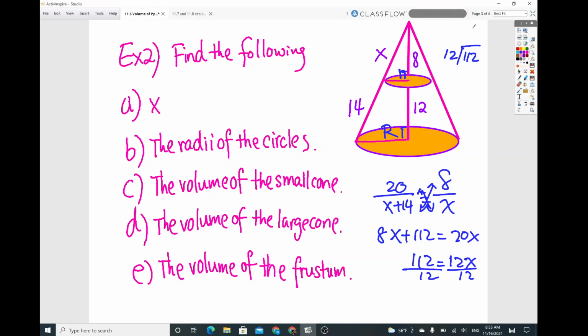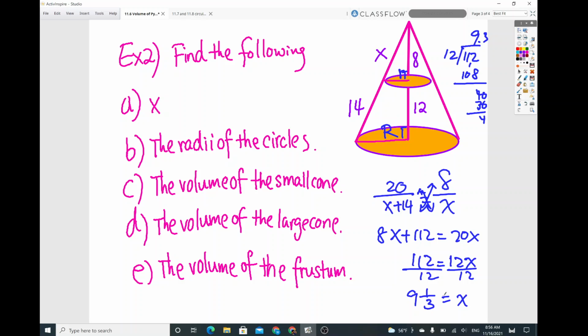Keep going, so it's 9.333. You can just leave that as a fraction, so it's 9 1/3, which is 28 over 3, or just 9 1/3.